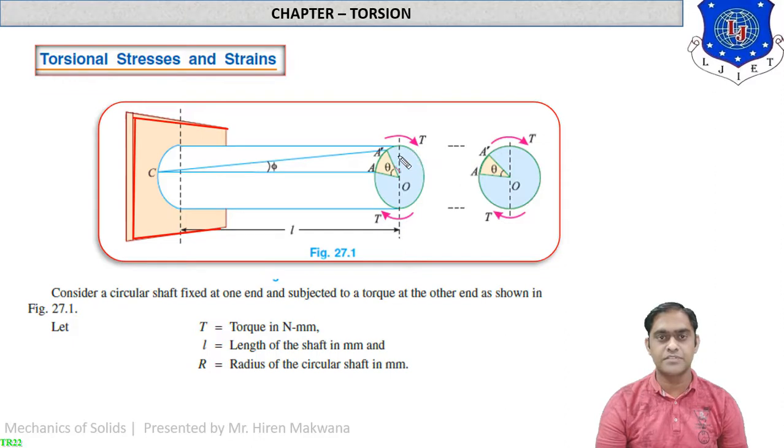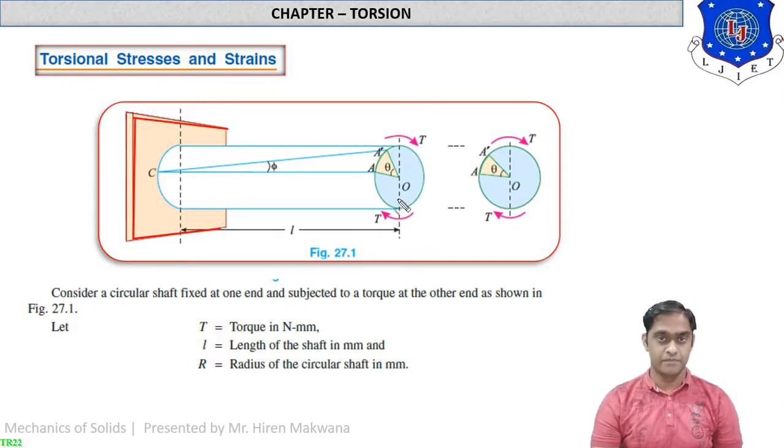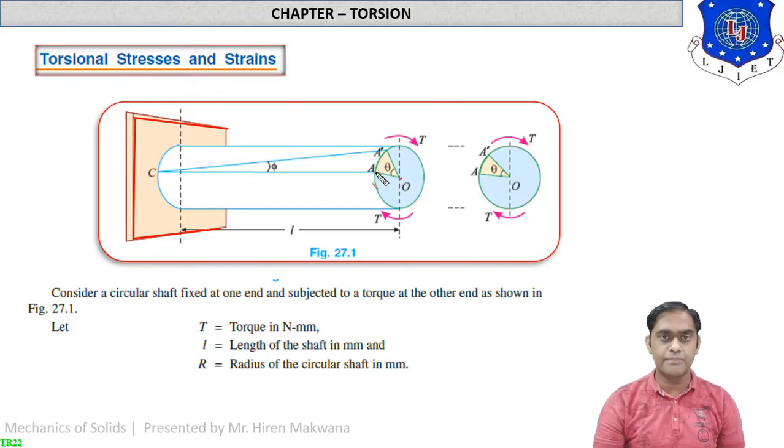This is the circular shaft subjected to torsion, torque T, in the clockwise direction. Point O is the center of the shaft along the cross section. Suppose due to torsion, the point A on the periphery of the shaft travels the distance A to A dash, covering the angle theta at the center of the shaft.